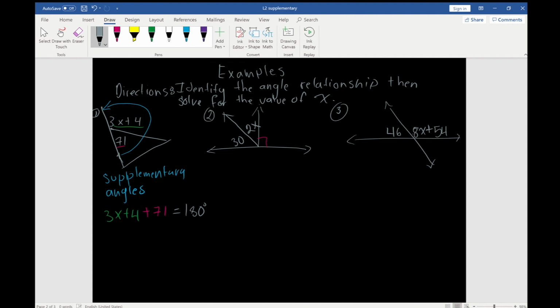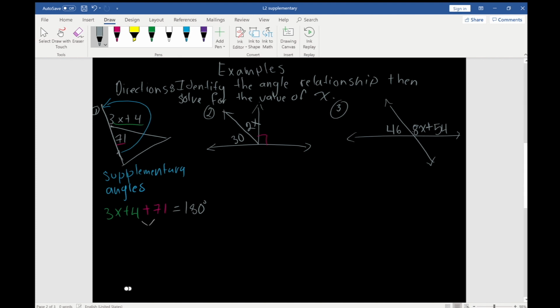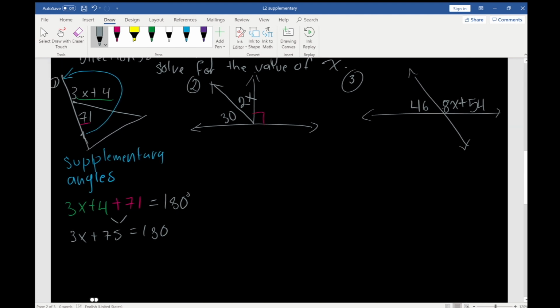Now this is different from complementary angles, which add up to 90 degrees. So when we go ahead and solve this, we add these two. So it's going to be 3x plus 75 is equal to 180. And now this is just a two-step equation. So we have to go ahead and subtract 75 from both sides. That's going to give us 3x is equal to 105.